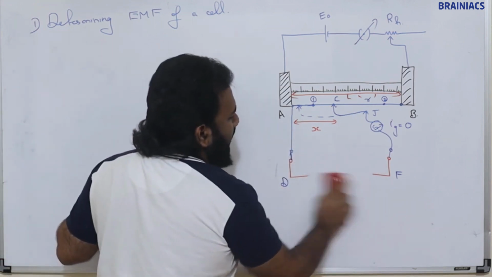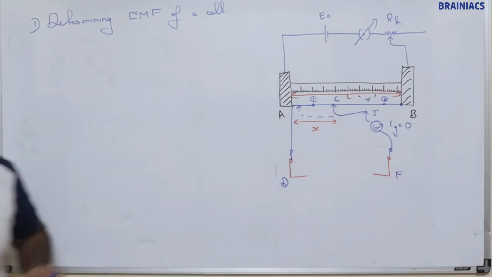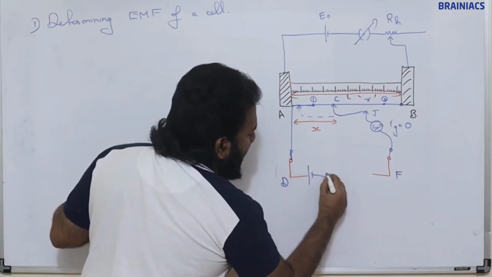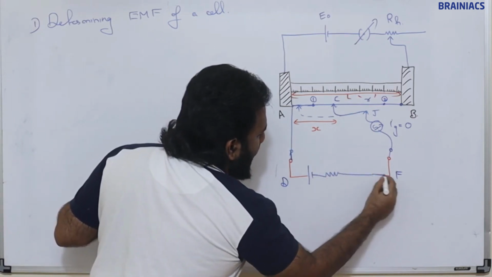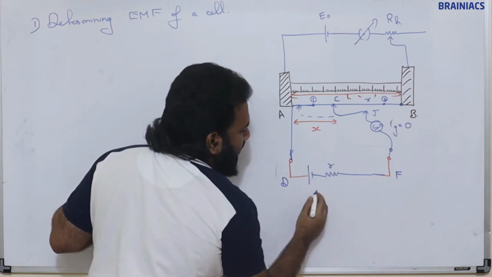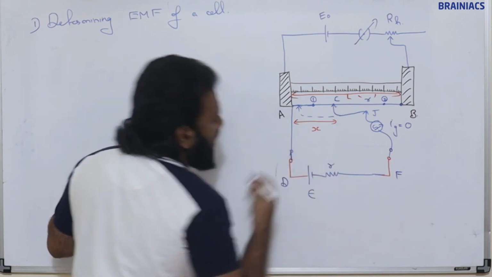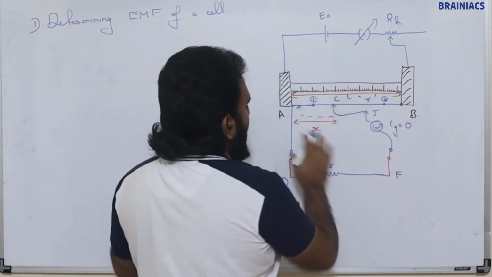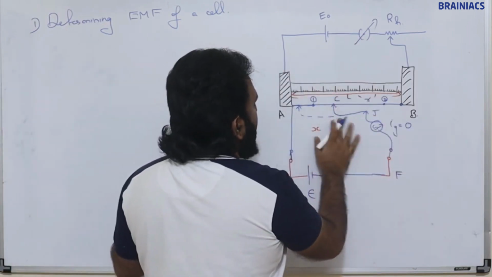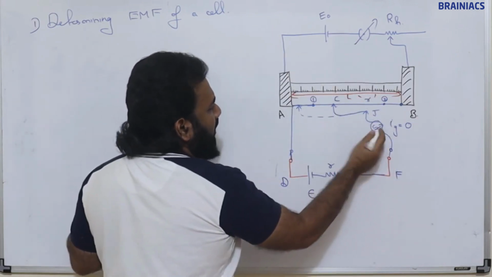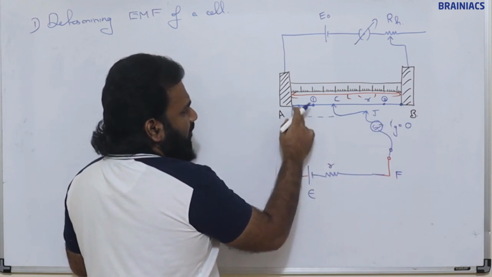So we will replace this device with an EMF, a cell with an internal resistance r, and this is the EMF of the cell, and all the remaining setup is the same. Now we do not know what the length is. We will connect this galvanometer. We will start from this end.